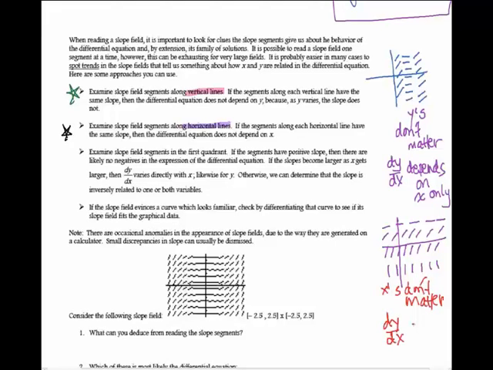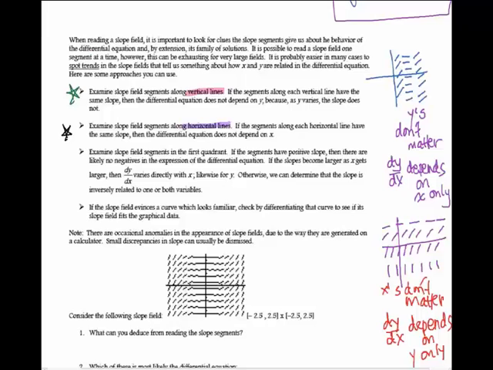So similarly, we can look at the slope field segments along horizontal lines, and if they all look the same horizontally, and by that I mean something like this, then that means for us the exact opposite. The x's don't matter, and that dy dx depends on y only.